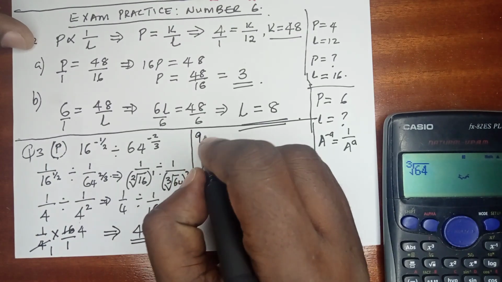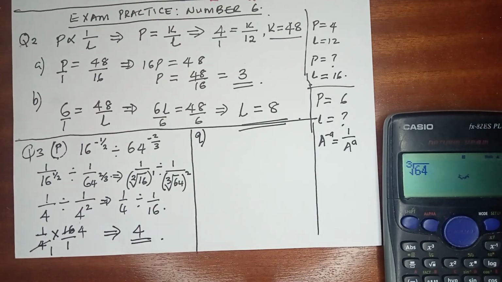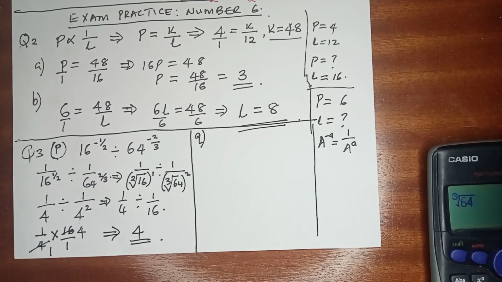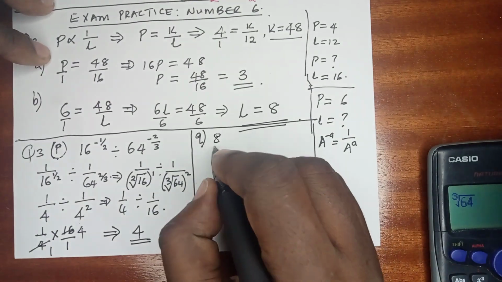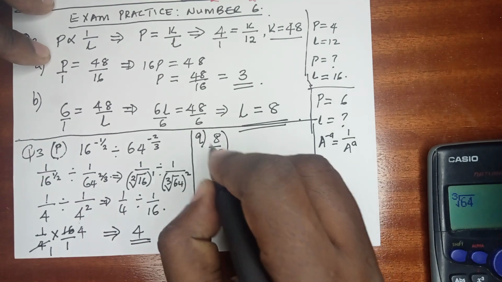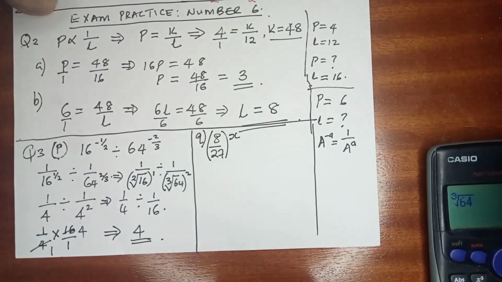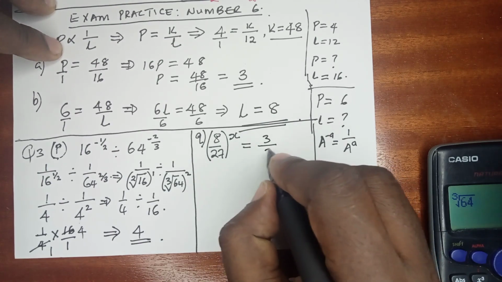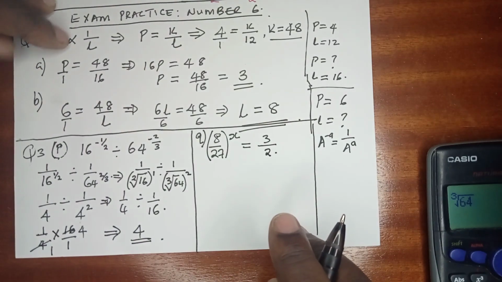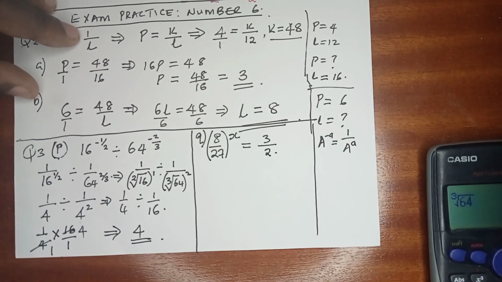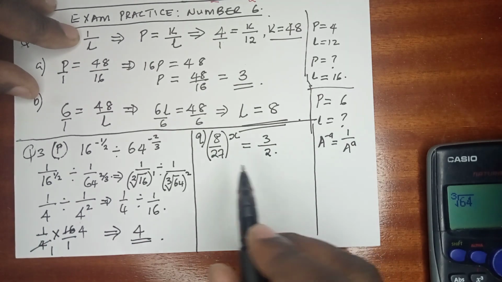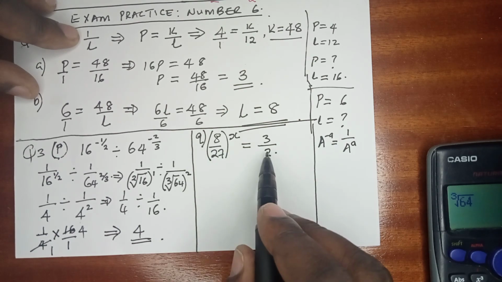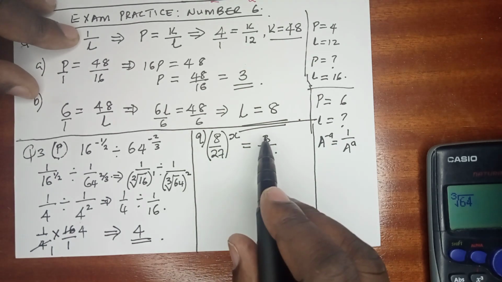What about part Q? The same number 3. Part Q talks of 8 over 27 raised to power x is equal to 3 over 2. And as we know, 8 is more related to 2 and 27 is more related to 3.